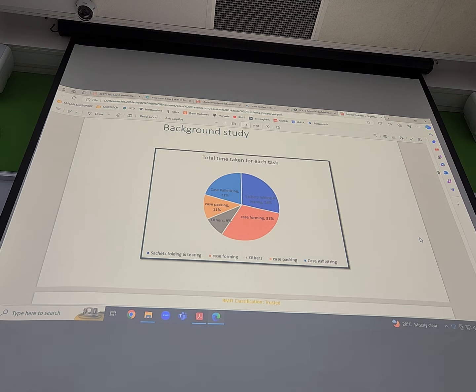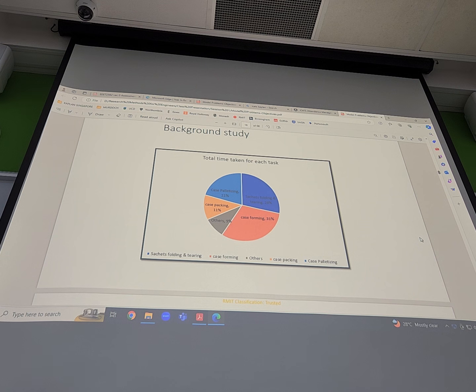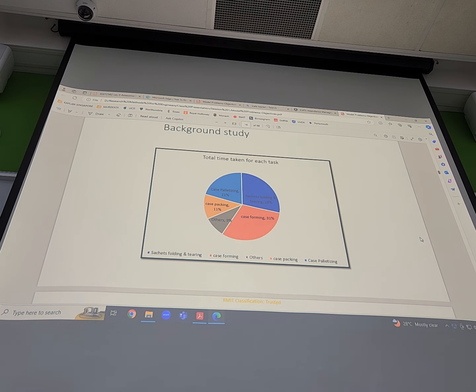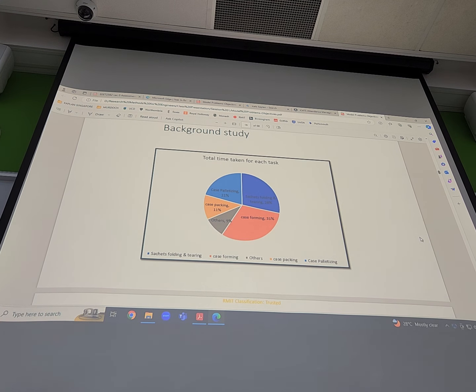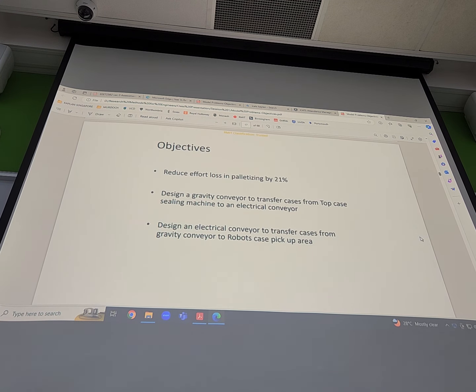For example, case palletizing 21%, sachet folding and tearing 28%, case forming 31%, and other things like case packing. So the 100% is identified. So you can see here the objectives are focused.